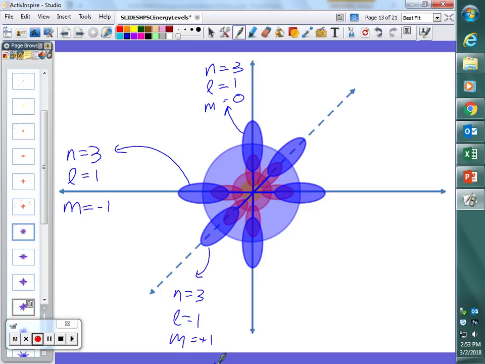The first two numbers for all of these orbitals are exactly the same, so the third number's got to be different. If I call this -1, I could call the y-axis one 0 or +1 as long as it's different. But if I call this one -1 and this one +1, what does the z-axis one have to be? It's got to be 0 because it's got to be different than the other two.